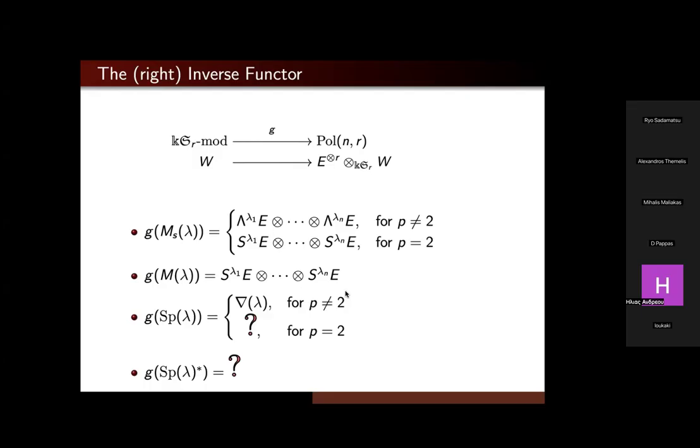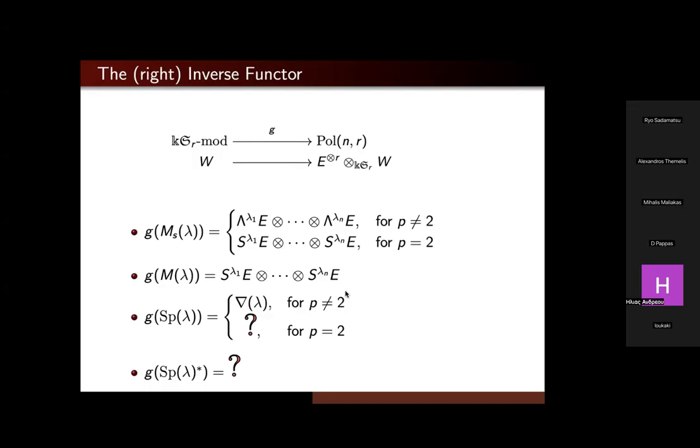And I will give you a description and tell you what's going on, but it was open in any characteristic. And actually, finding the right inverse of the Specht model in characteristic 2 is a sub-problem of this last one.